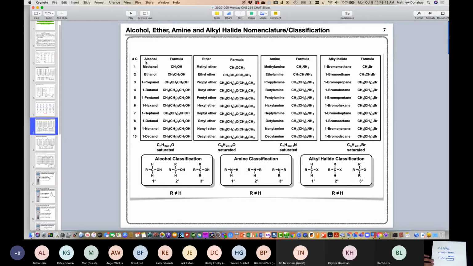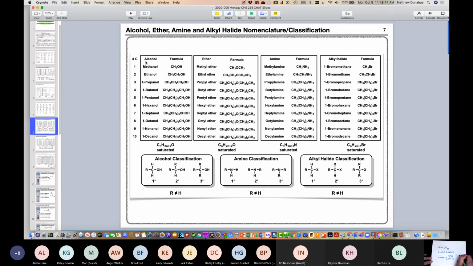So again, in the breakdown of these things, you're getting this from the longest carbon count. And then the suffix is going to change based on the priority group that is present. So in this one, the OH is the priority group.